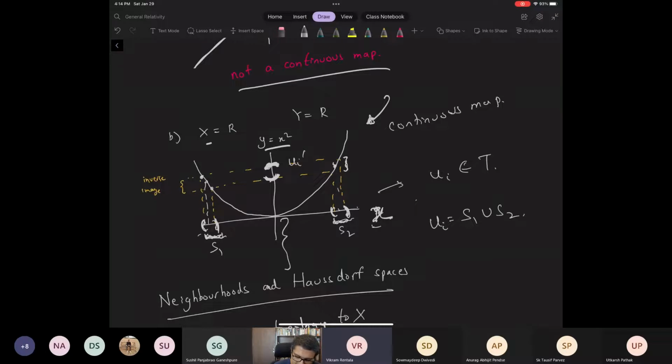It's an open set in X, in the sense of topology, and U_I prime is an open set in Y. That was our definition of continuous functions: if an open set in Y has an inverse image that is an open set in X, then the map is continuous, in the sense of topological continuity, which agrees with the notion of functional continuity. Now the question is, what if I had chosen my open interval to be like this?